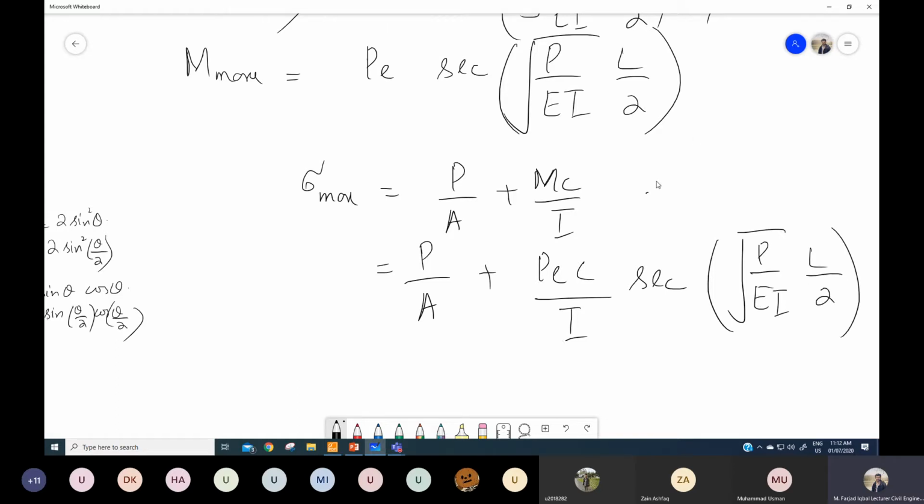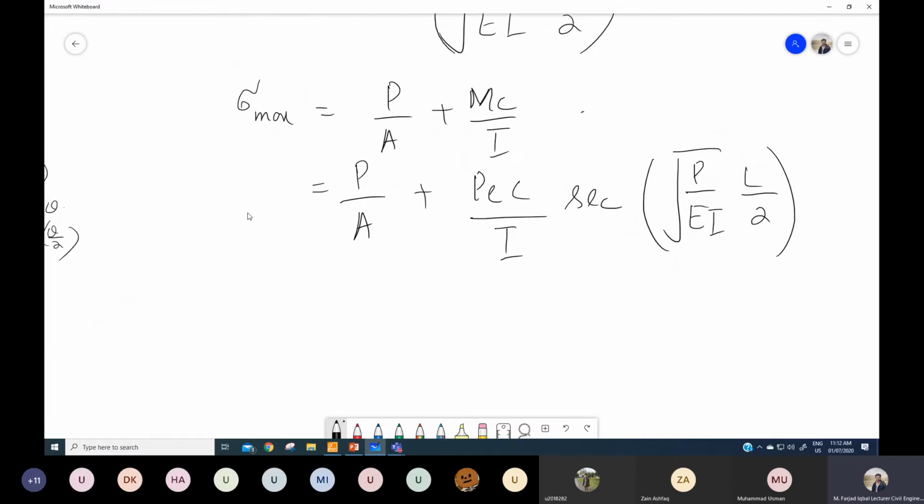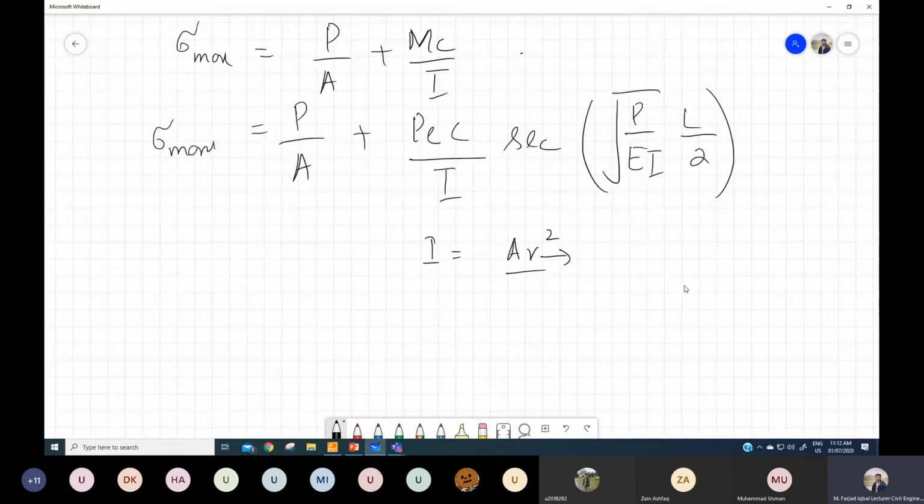This is our relationship for maximum stresses in the case of columns which are eccentrically loaded. Now let's modify it a bit to reduce the number of variables. We know that I is equal to A R square, where R is the radius of gyration. If I replace I with this factor, let's simplify it.